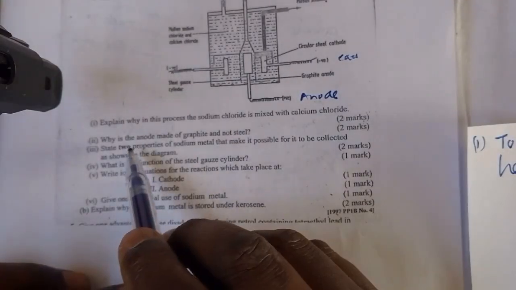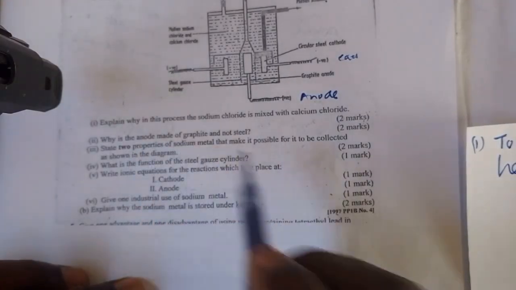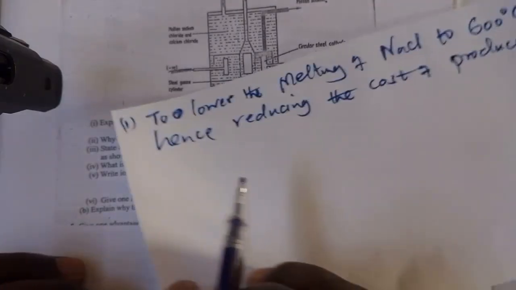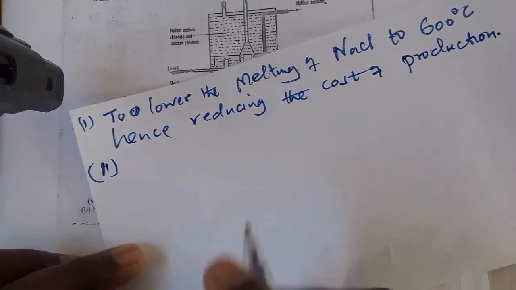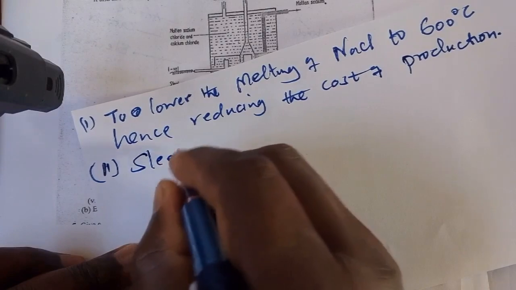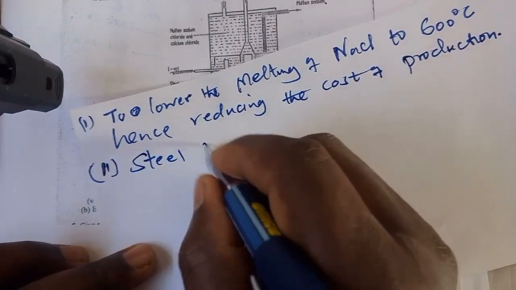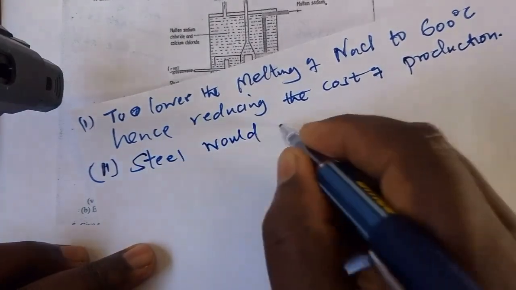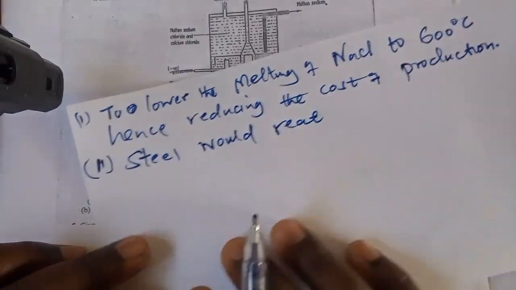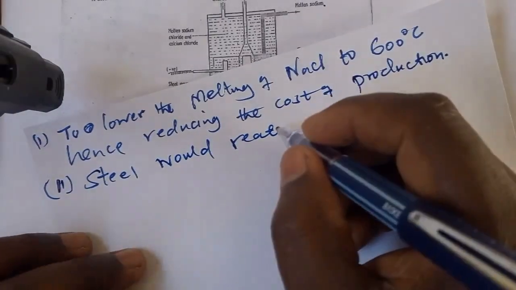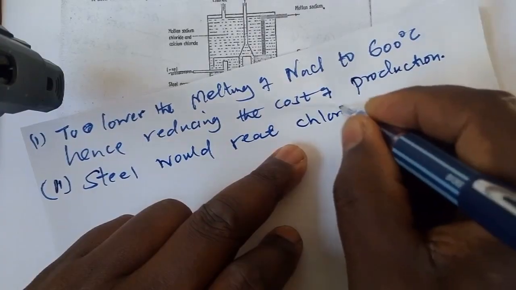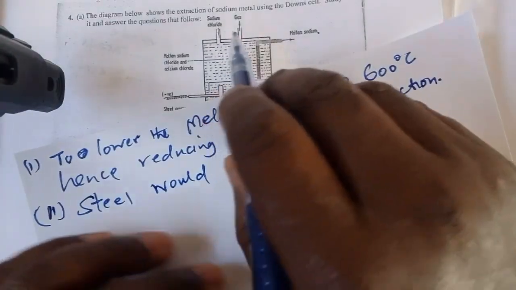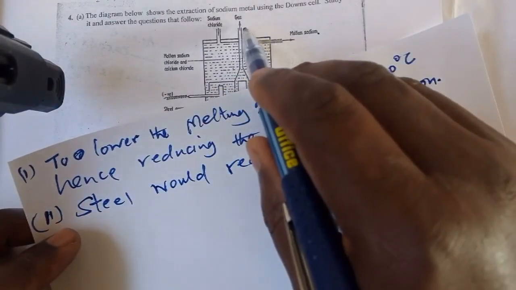Why is the anode made of graphite and not steel? Steel would react. Remember, steel is iron. So iron would react with chlorine. Remember, chlorine is produced here. This gas here is chlorine that's going out here.